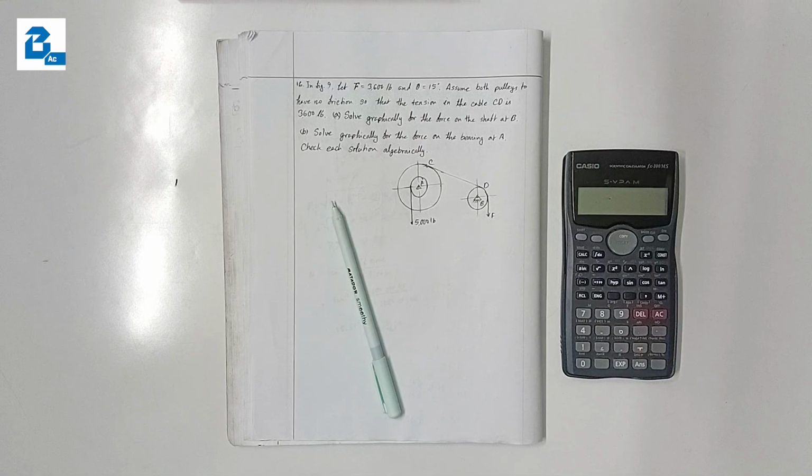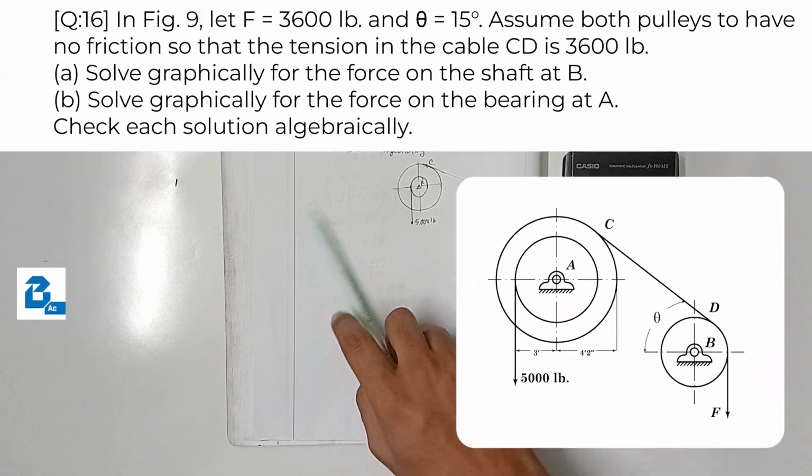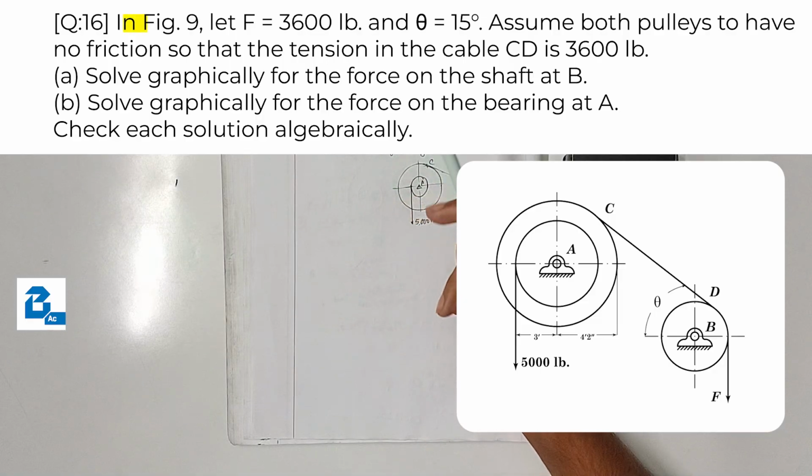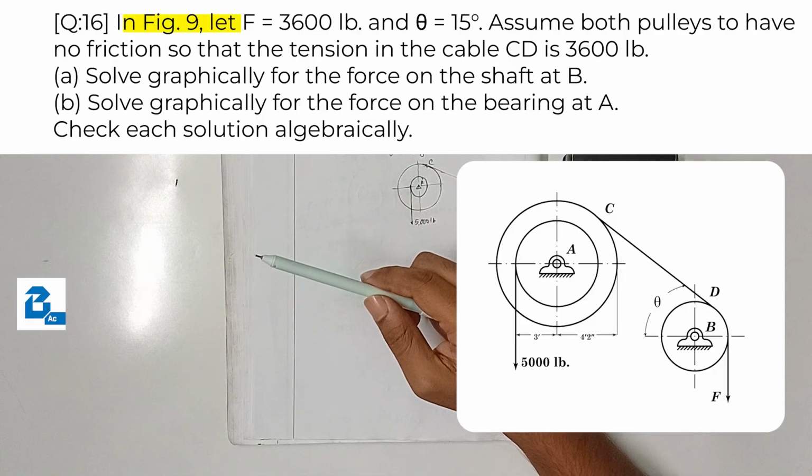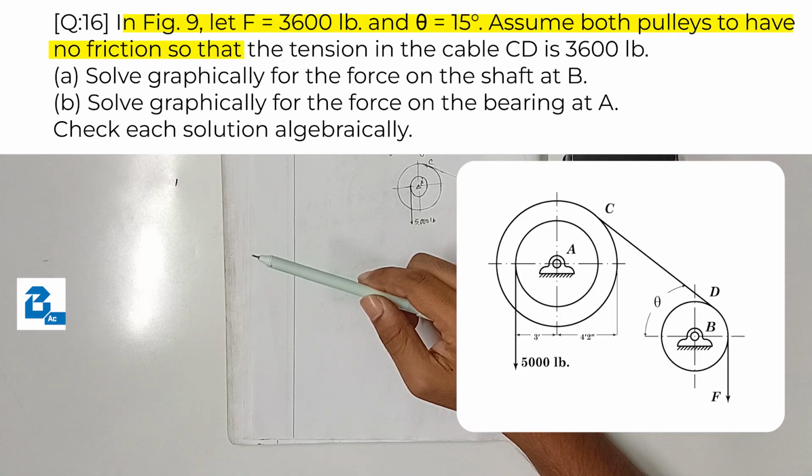Hello everyone. Today we will solve a resultant problem. Here the problem states: in figure 9, let F equals 3600 pound and theta equals 15 degree. Assume both pulleys to have no friction so that the tension in the cable CD is 3600 pound.